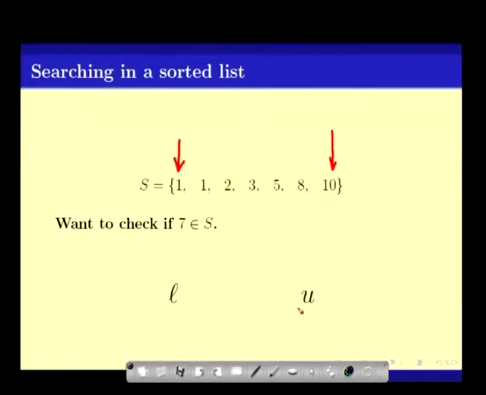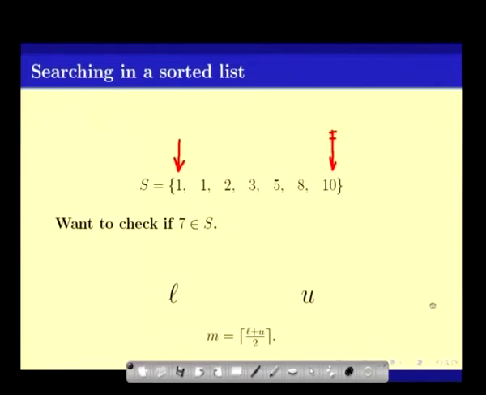It is the index of the last element of this set. To differentiate L from U, I will just make U have these 2 dashes on top. Now, if 7 exists in S, then 7 must be in one of the elements between these 2 arrows. Then we will go to the middle, which is L plus U by 2, and then we will search for that place.